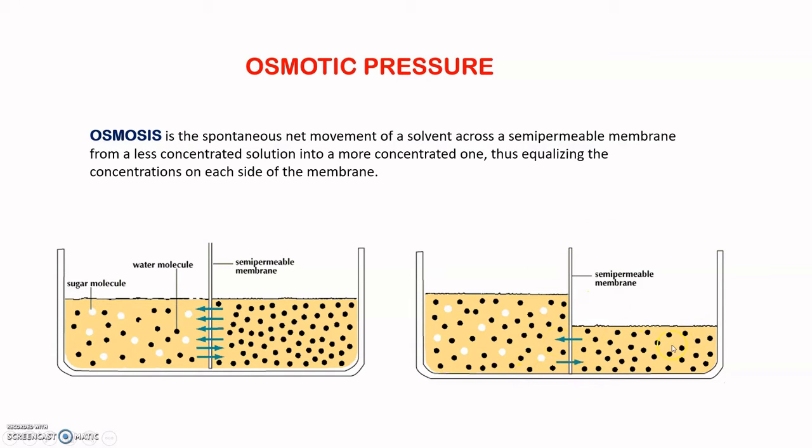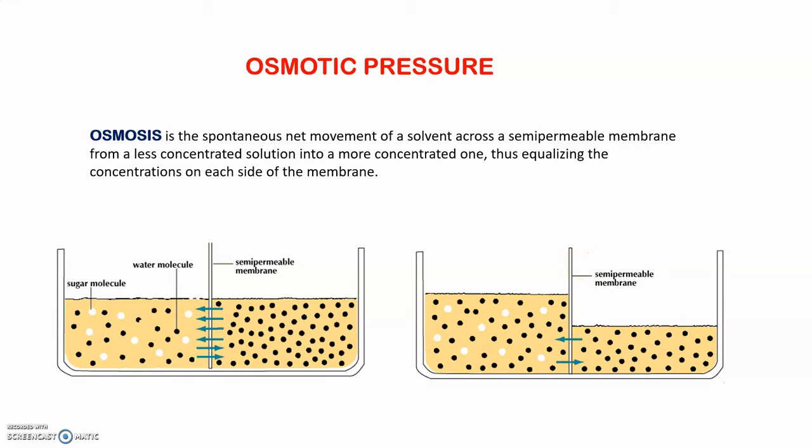When a lot of solvent molecules move from the solvent side to the solution side, an excess pressure will be exerted on the solution side, and this prevents any more movement of the solvent molecules. That's how it attains the equilibrium. So this excess pressure will prevent any more flow of the solvent molecules into the solution side.